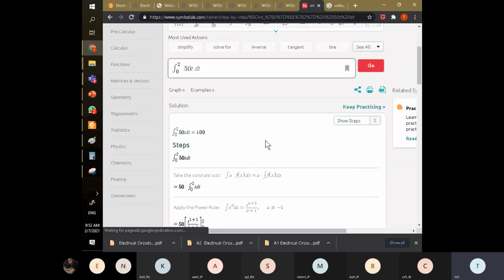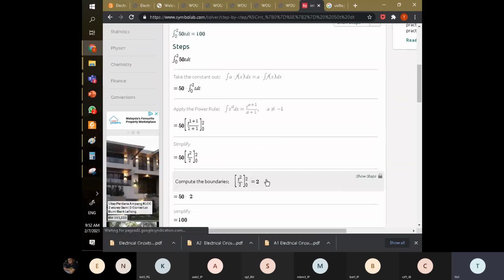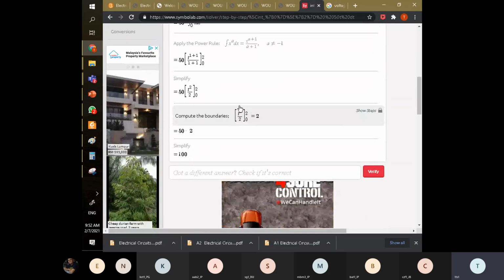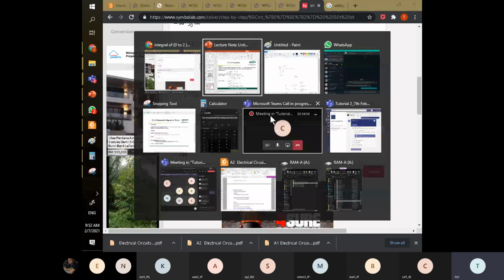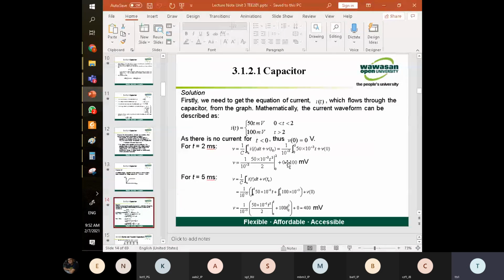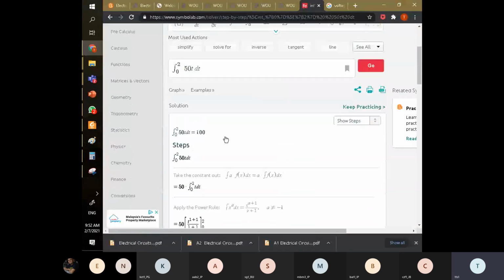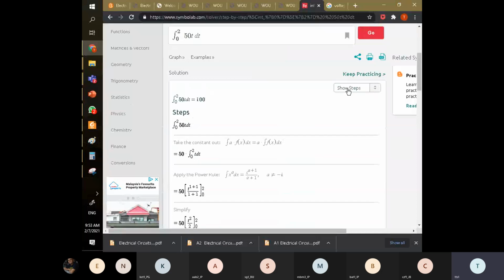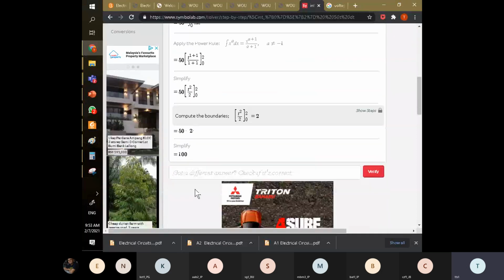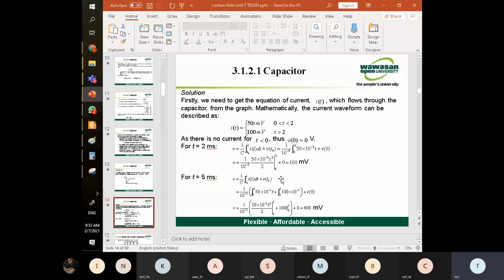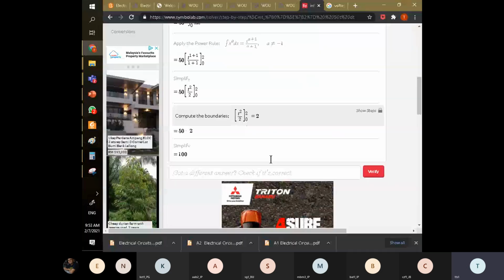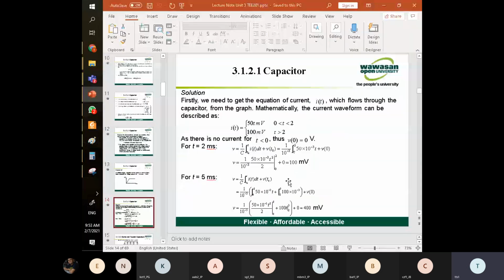I think this can help you come up with the answer, which is 100 here. Nowadays, students are really lucky. They can use all these online tools to calculate this, and ask it to show all the steps of how to calculate until the answer.